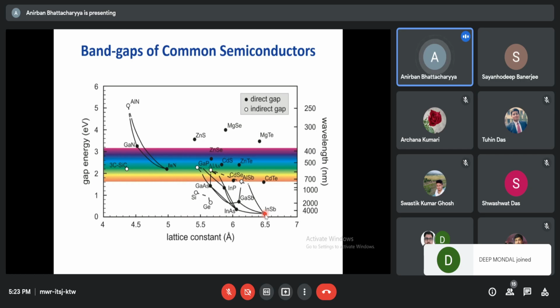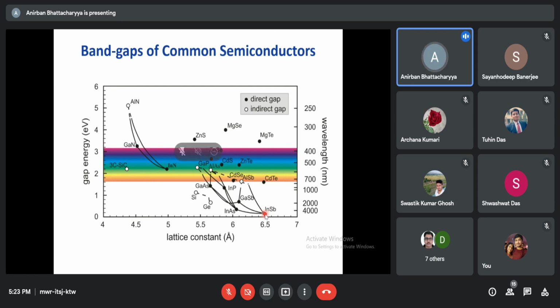So, what is light with a small energy? How many of you still remember Planck's theory? Do you still remember Planck's black body radiation? Okay. Do you still remember there was a link between energy of light and temperature?